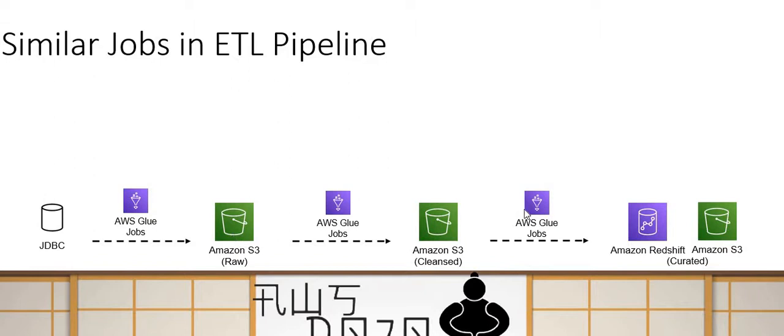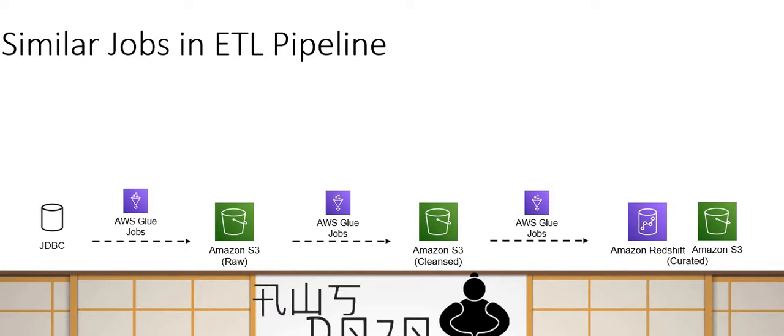In this example, I'm keeping my raw data in an S3 bucket, cleansed data in an S3 bucket, but curated data could be in S3 or Redshift depending on the use case, the performance requirement or the data model requirement. So suppose you are building this kind of ETL pipeline.